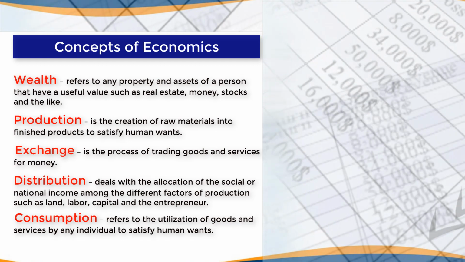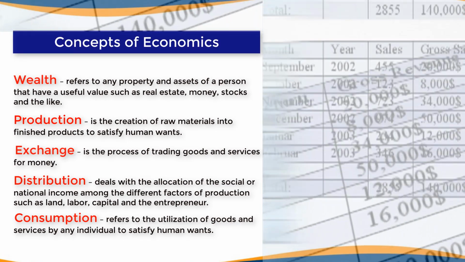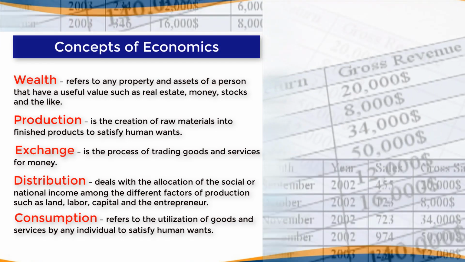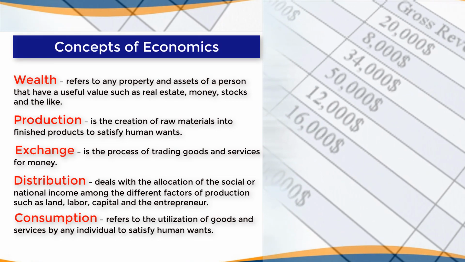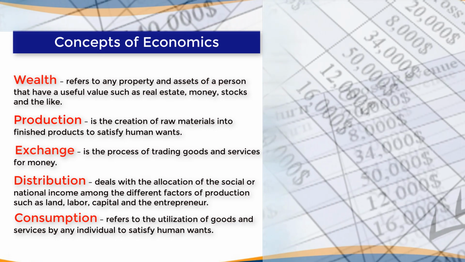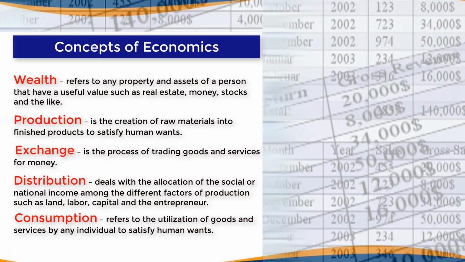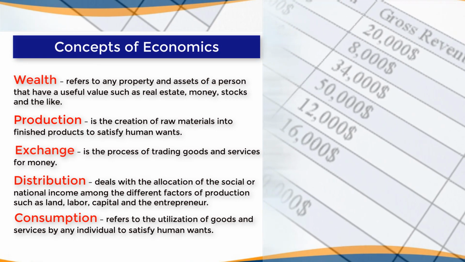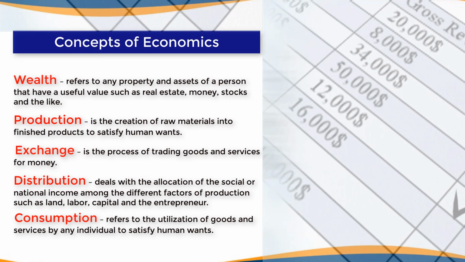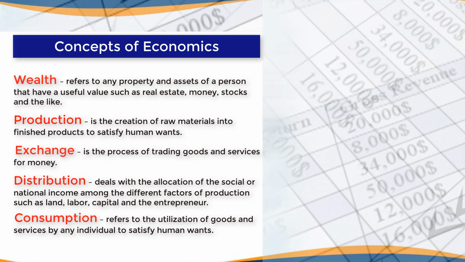Exchange is the process of trading goods and services for money. Distribution deals with the allocation of the social or national income among the different factors of production such as land, labor, capital, and the entrepreneur. Consumption refers to the utilization of goods and services by any individual to satisfy human wants.